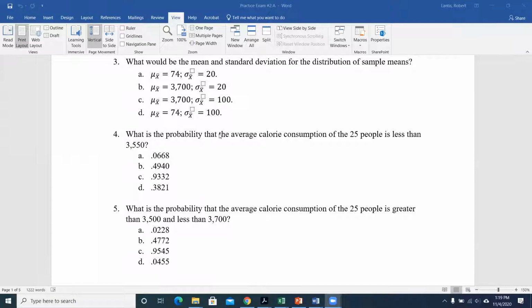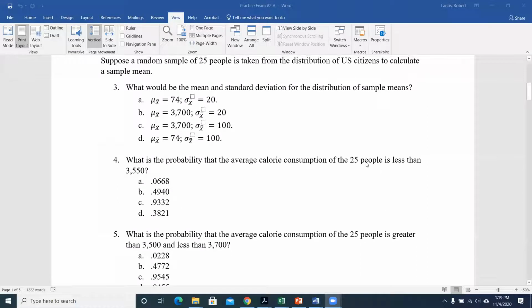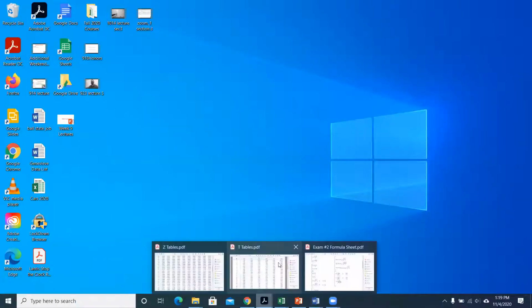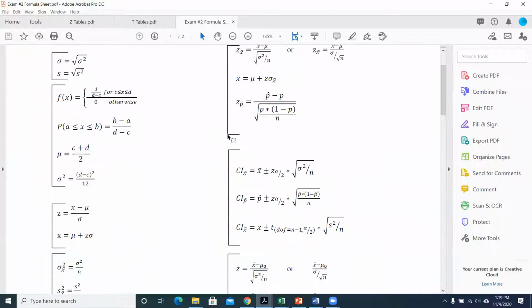So what's the probability that, on average, the calorie consumption of this sample of 25 is less than 3,550? Okay, so now we're looking at the distribution of our sample mean.